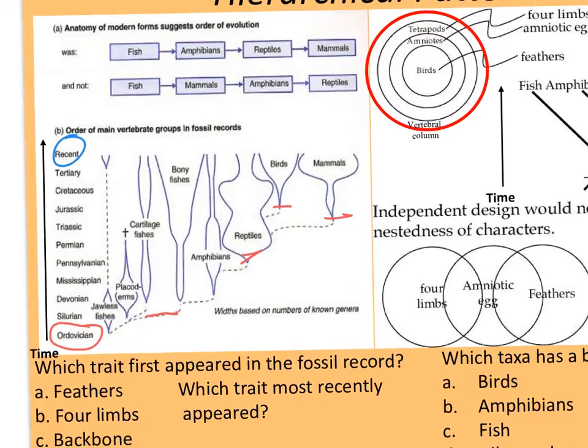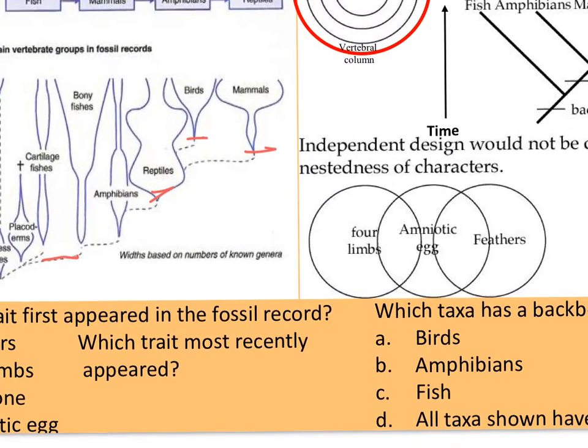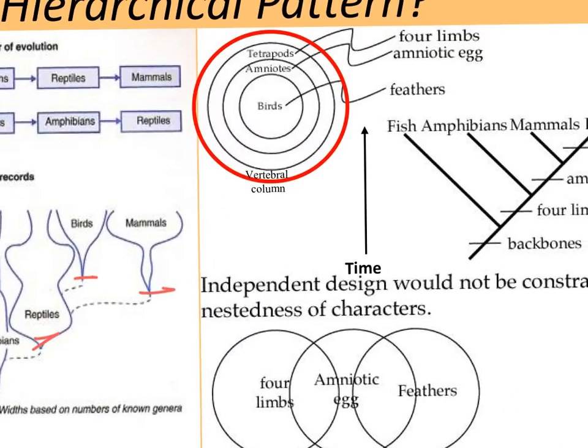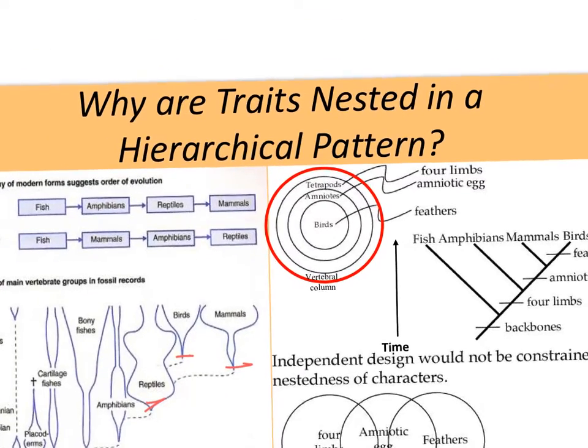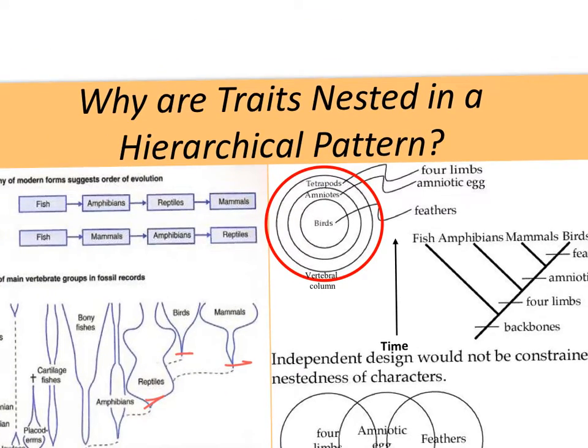Now, let's take a look at this. Why are traits nested within a hierarchical pattern? What I mean by this is that older taxa have ancestral traits.